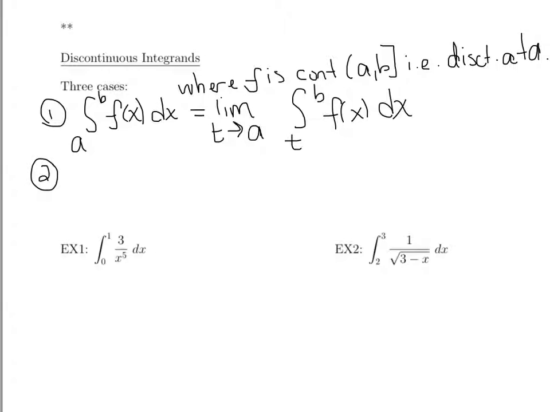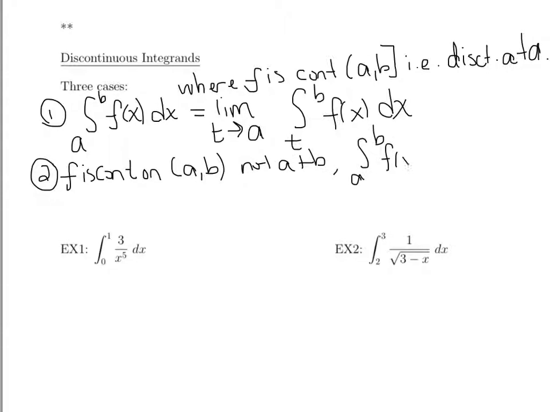Similarly, if f is continuous on a to b, but not at b, we would turn the integral from a to b of f of x dx into the limit as t approaches b of the integral from a to t.